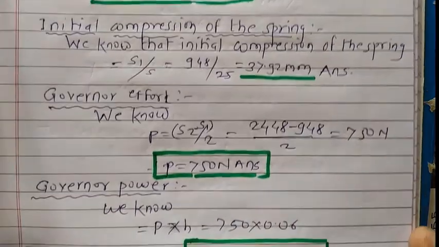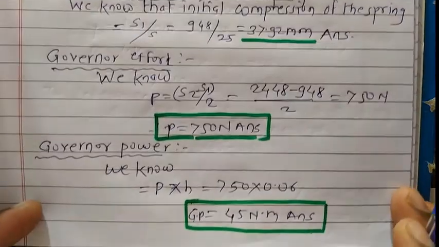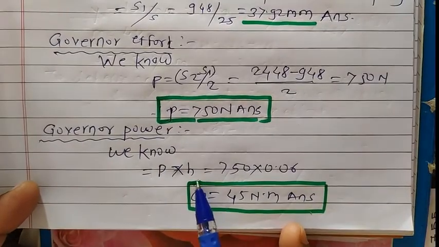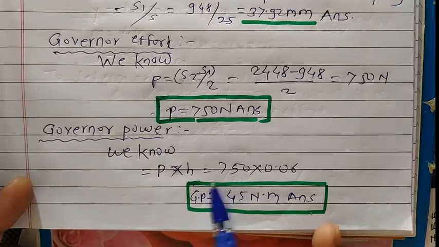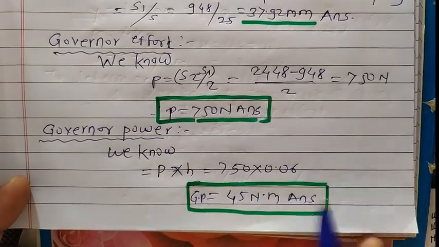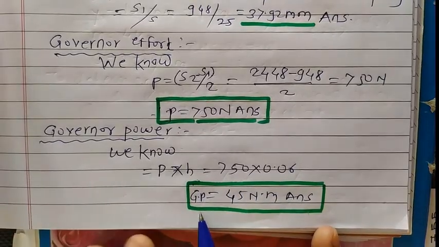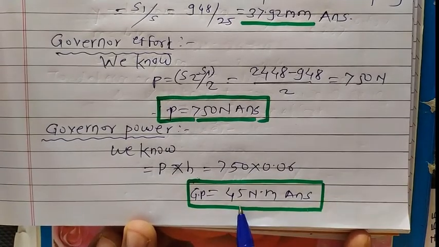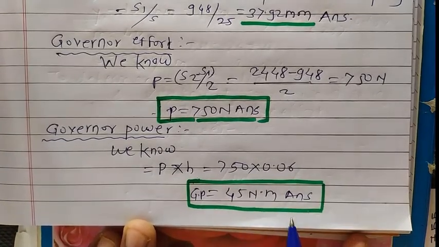This is the governor effort. Governor power is nothing but P multiplied by h. h is 0.06 and P is 750, so the governor power is 45 Newton meter.